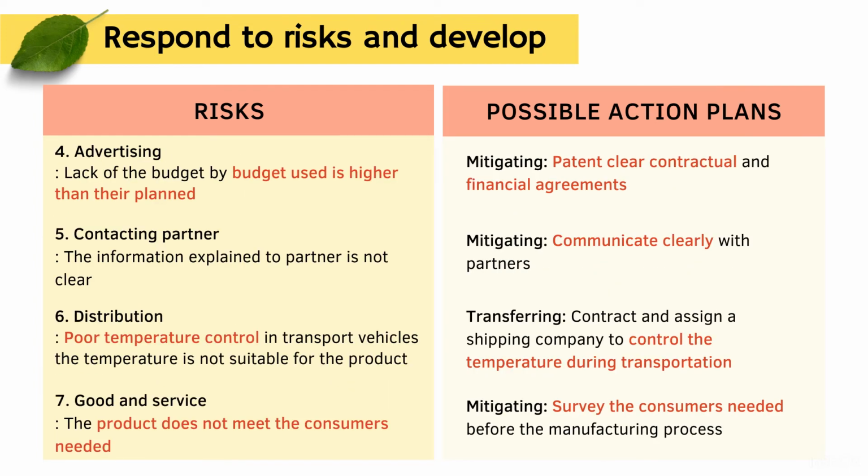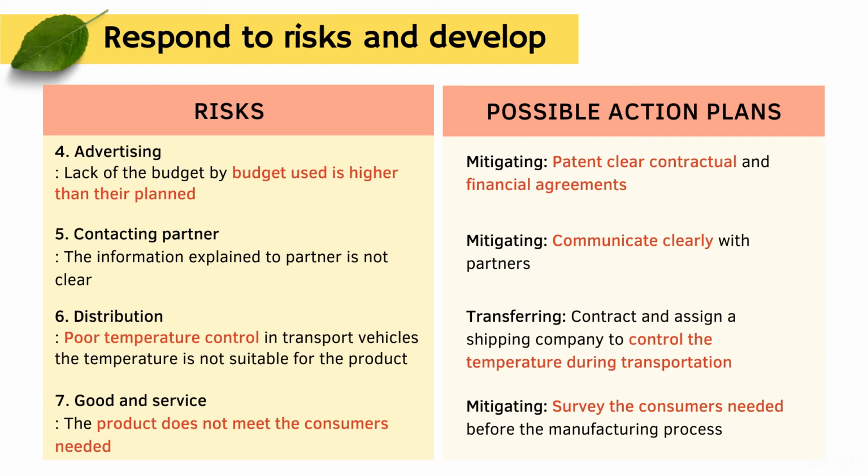Fourth is mitigating by making a financial agreement with the partner and also communicating clearly about the contract. Fifth is mitigating as well, by training our workers to communicate with the partner clearly. Sixth, transferring. The shipping company must control the temperature as we contracted.